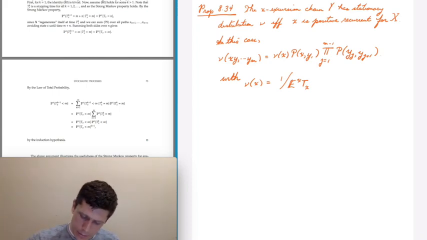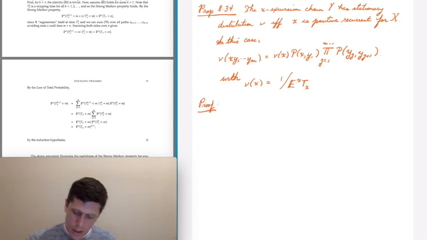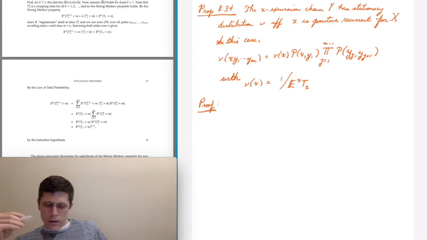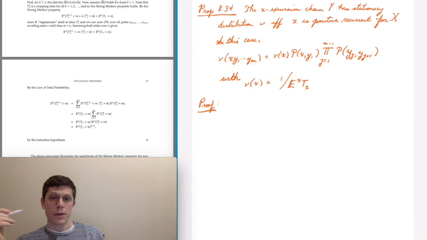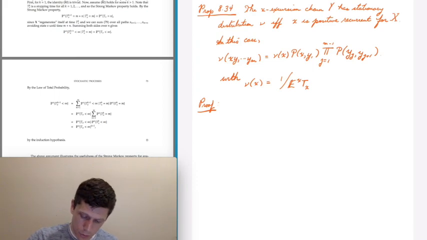And to prove this, so how do we prove this? Well, one argument is to prove by induction and to think about, well, what would the stationary distribution actually have to look like if this were to hold at all?